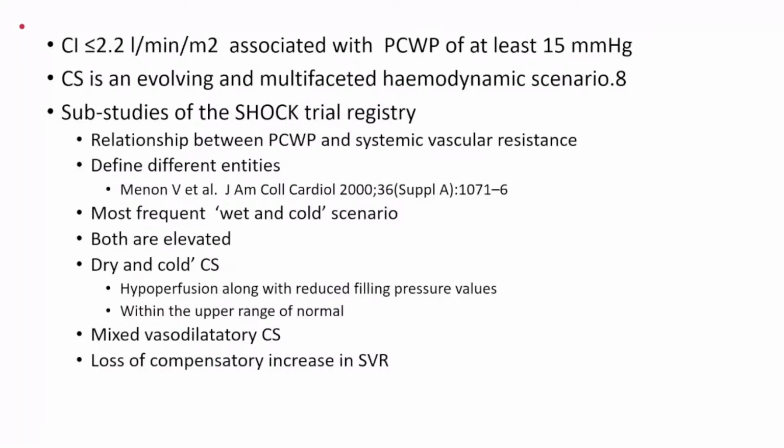Most commonly, wet and cold cardiogenic shock, where both SVR and PCWP are elevated. Then there is dry and cold cardiogenic shock, characterized by hypoperfusion along with reduced filling pressure, or filling pressure in the upper part of the normal range. Then there is mixed vasodilatory cardiogenic shock, where the compensatory increase in SVR is lost.